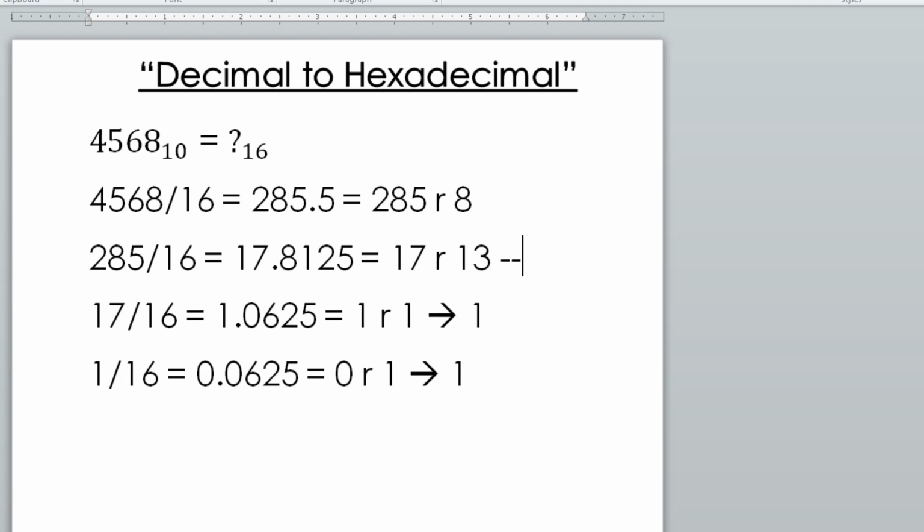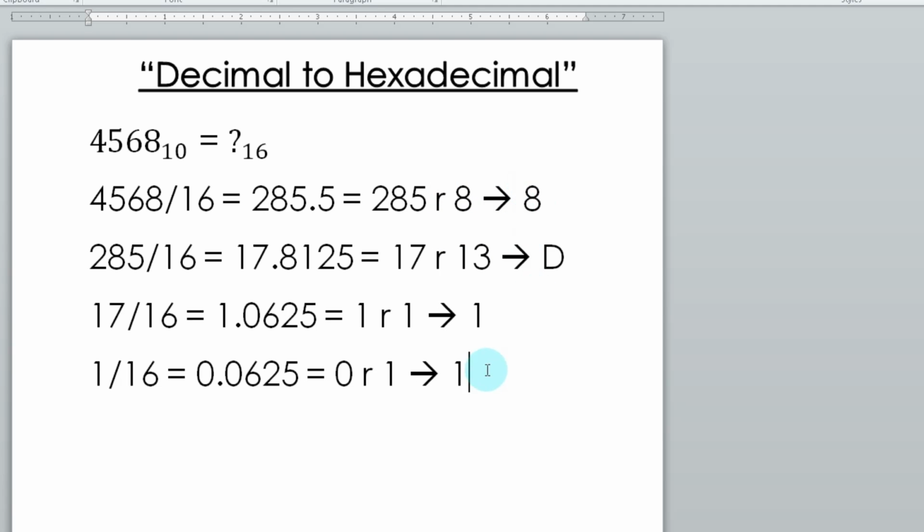But 13 is D, because 9 is 9, but 10 becomes A, 11 becomes B, 12 becomes C, 13 becomes D, 14 becomes E, and 15 becomes F. While 8 here is still 8.